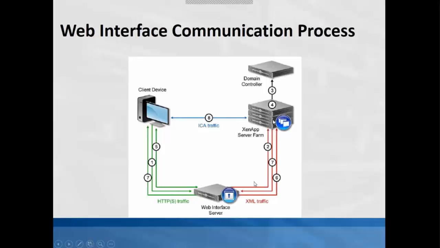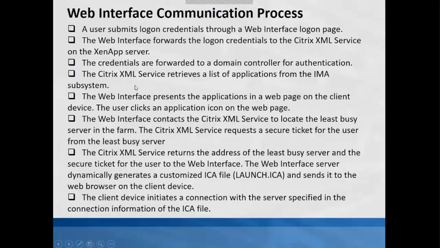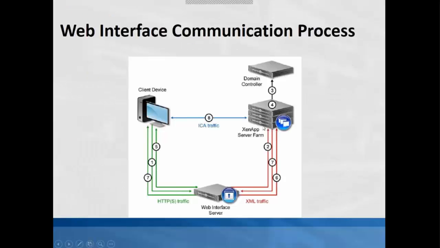and then two is this. And then three is the domain controller here. Then four, the XenApp server farm. This is all written here, the process: the Citrix XML service retrieves a list of applications from the IMA subsystem. So what was IMA? IMA was responsible for server-to-server communications.